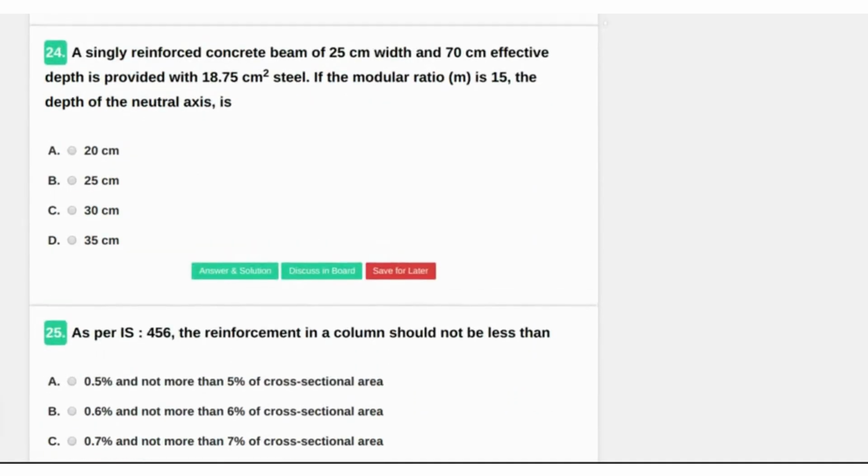A singly reinforced concrete beam, 25 cm width and 70 cm effective depth, is provided with 18.75 cm square steel.